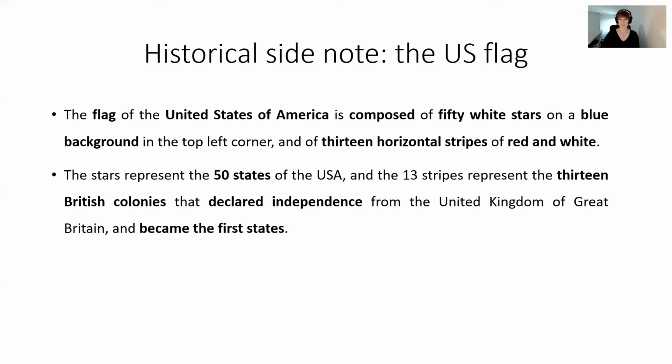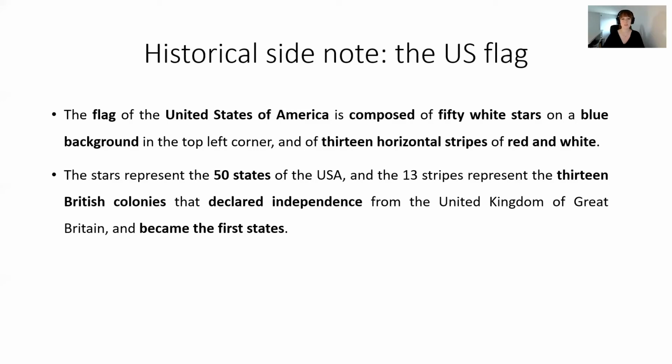Les étoiles représentent les 50 États des États-Unis, il y a 50 États aujourd'hui, et les 13 rayures représentent les 13 colonies britanniques qui ont déclaré leur indépendance du Royaume-Uni de Grande-Bretagne et sont devenus les premiers États.